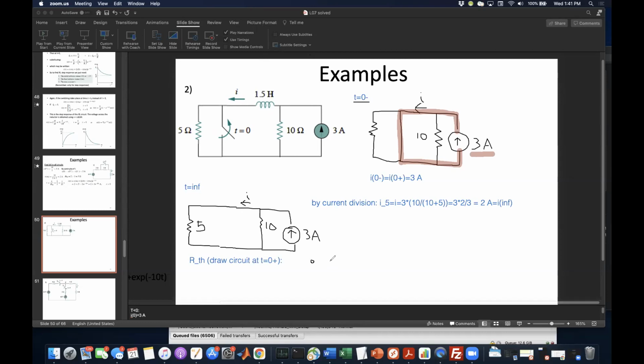Remember that we open circuit any independent sources. So we have a 10 ohm resistor here and a 5 ohm resistor here.